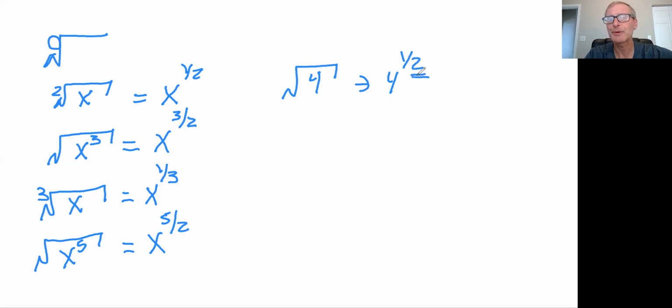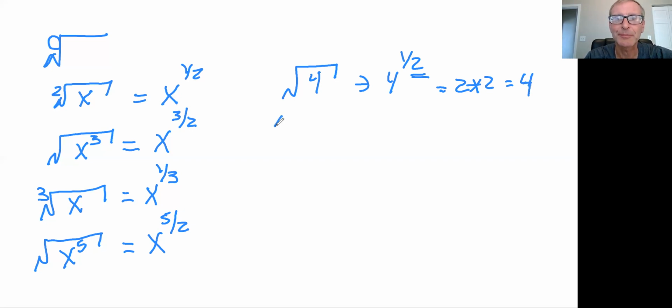What this 2 in the denominator means is that you're looking for two numbers that when you multiply them together, you get the number 4. And so that would be 2, right? Because 2 times 2 would equal 4.